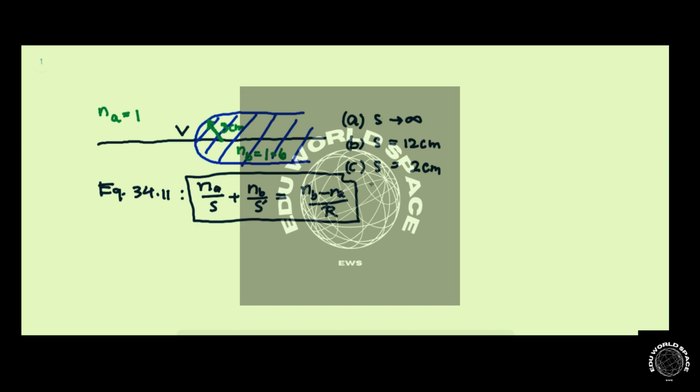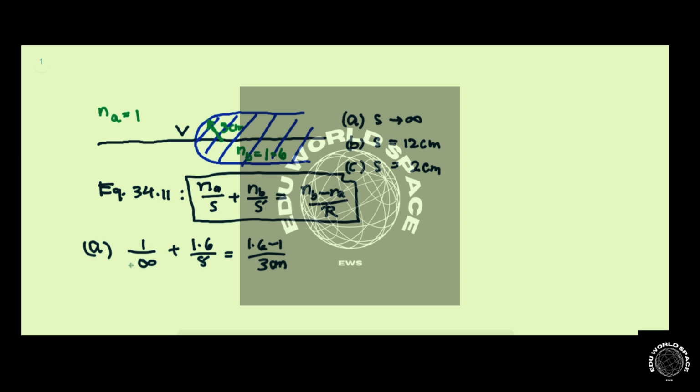So let's directly substitute for part A that S is infinity, and we're going to put in the numbers for NA, NB, and R immediately. So NA is 1, S we're told is infinity, and NB is 1.6. We don't know S prime, and NB minus NA is 1.6 minus 1 divided by 3 centimeters.